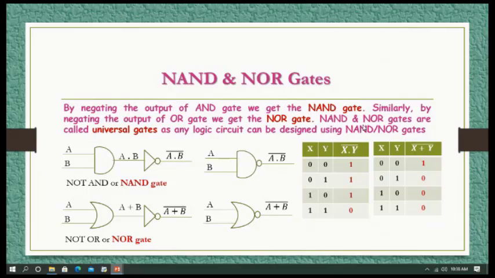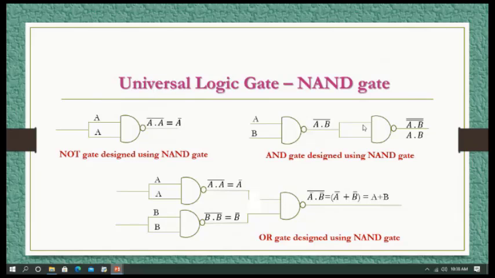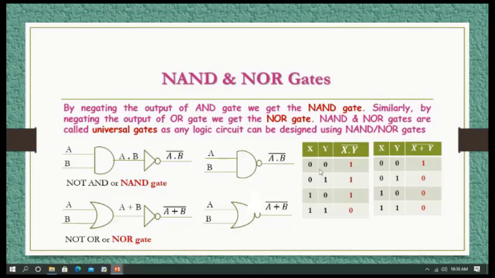So we will see how we can design NOT gate and AND gate and OR gate, the basic logic gates, using NAND gate. We know a NAND gate has two inputs. For input 0 0 the output is 1, and for input 1 1 the output is 0.